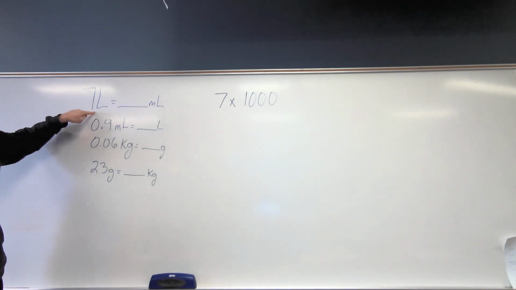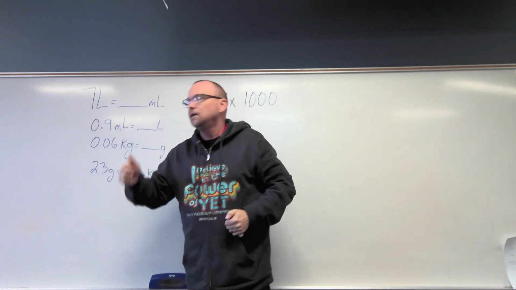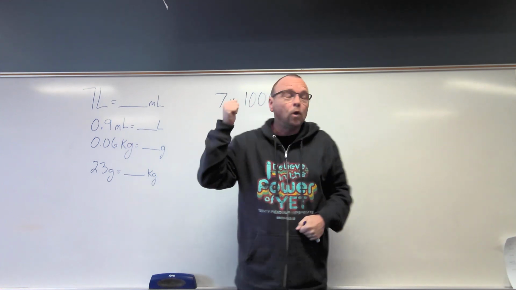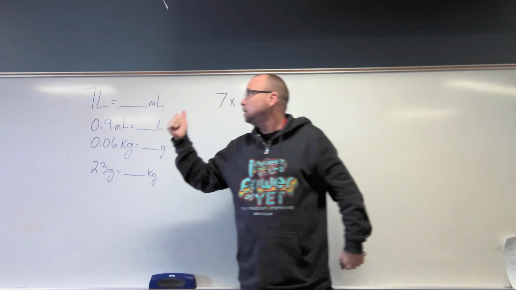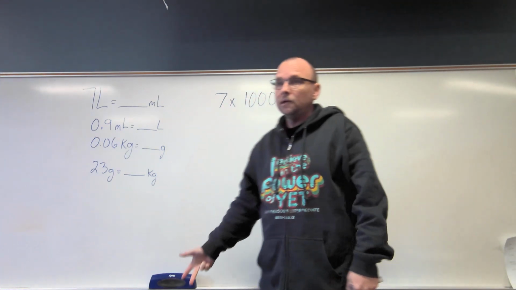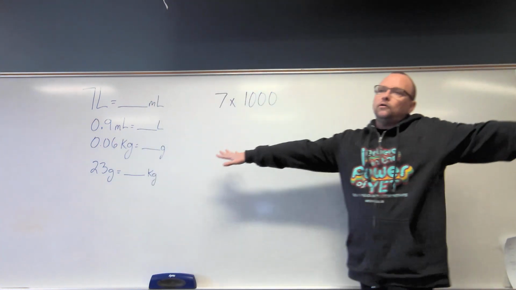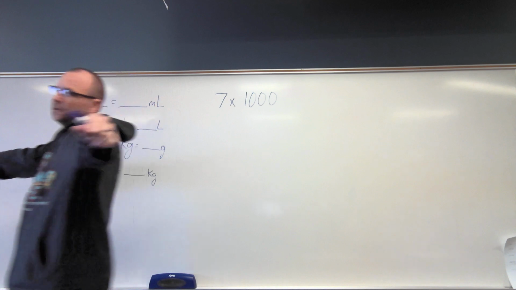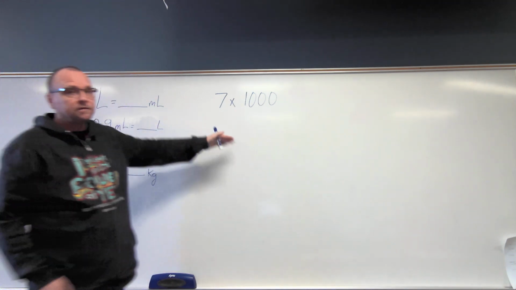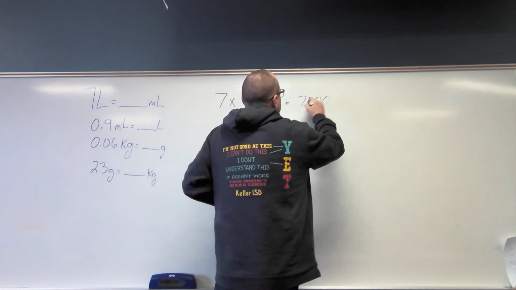Just like 1 meter equals 1,000 millimeters, and 1 gram equals 1,000 milligrams. It's the same in all three things that you're measuring. Obviously 7 times 1,000 is easy, it's 7,000.